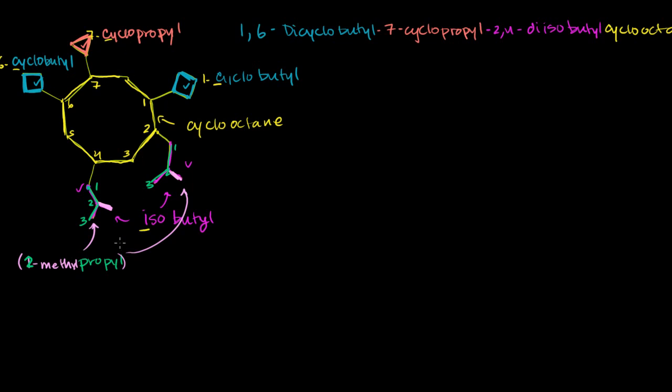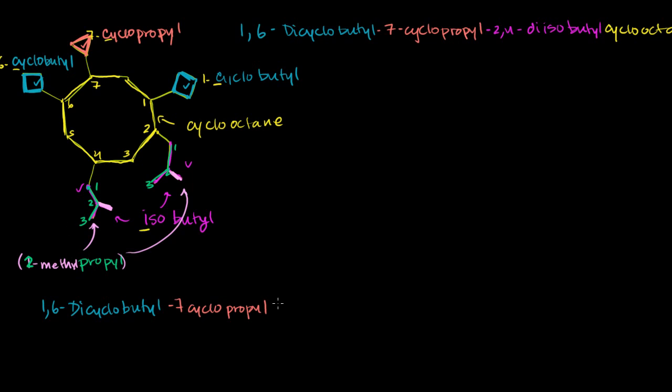So if we were to do the systematic naming, it would be 1,6-dicyclobutyl. And then you have your cyclopropyl. 7-cyclopropyl. 7, it's like a secret code. And then now this is interesting, you have 2 of these guys, right? Now you don't say di when you have this kind of more complex naming, the systematic naming. Instead you use the word bis.